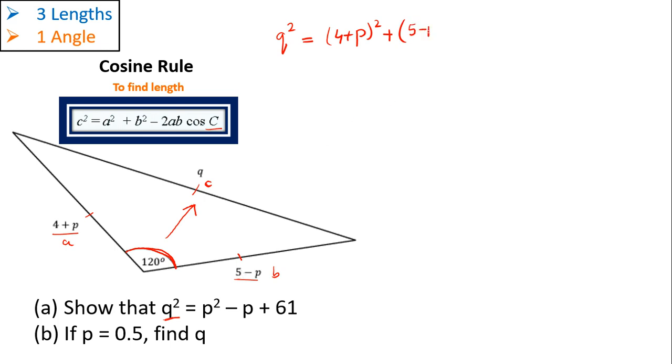The entire length is 5 minus p, that's the reason I'm putting it in brackets, and then you put a square on top. So (4 plus p) squared plus (5 minus p) squared minus 2 times (4 plus p), that's my a, times (5 minus p), that's my b, times cos C, that is cos 120.